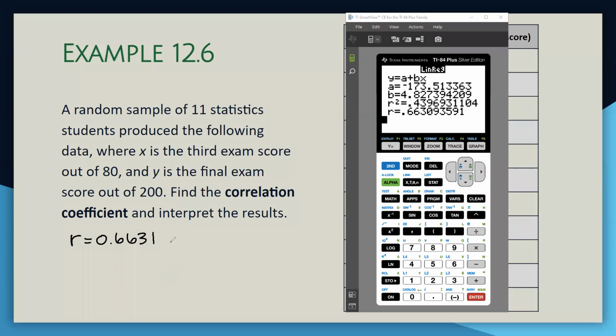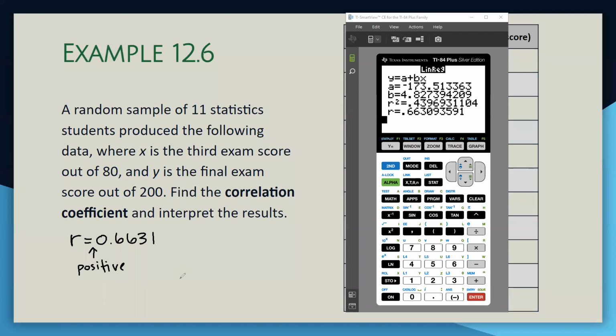So I see two things from this correlation coefficient. First, it's positive. So I know that as X gets bigger, Y is also going to get bigger, meaning students who did better on their third exam score likely also did better on their final exam. There is a linear or roughly linear relationship between third exam and final exam scores.